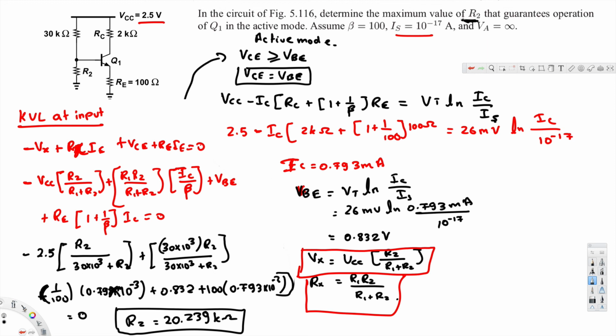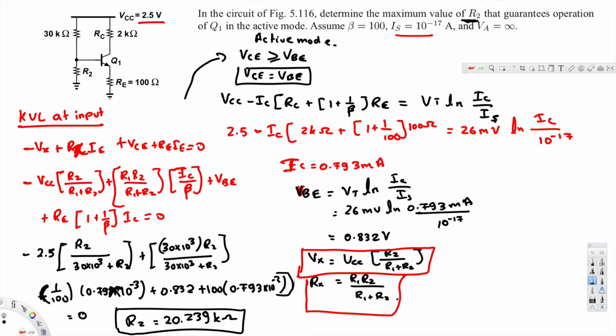Determine the maximum value of R2 that guarantees operation of Q1 in the active mode. We know that in the active mode VCE has to be greater than or equal to VBE. So first we created the equation for VCE. Then we know that the equation for VBE is VT ln IC over IS.